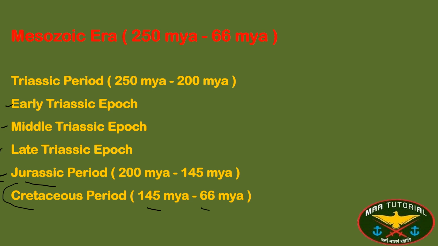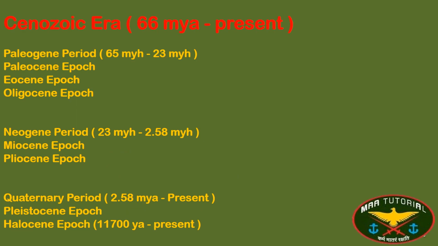And the last stage is the Cenozoic era, about 66 million years ago to the present. In this stage, the categories are the Paleogene period, Neogene period, and Quaternary period. The Paleogene period is divided into three parts: Paleocene epoch, Eocene epoch, and Oligocene epoch.